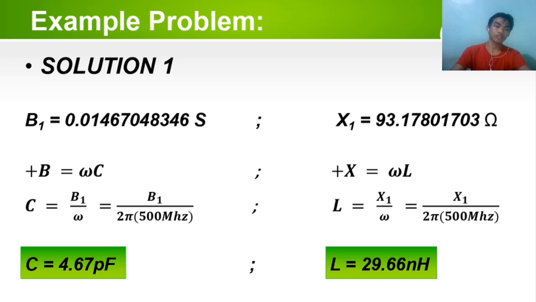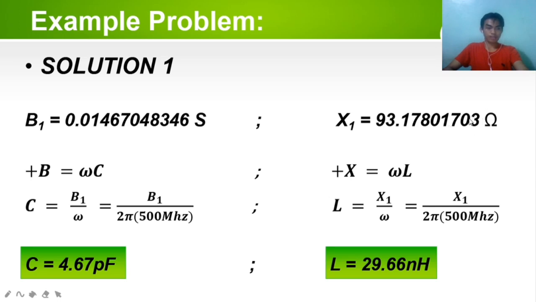So for solution 1, we are given susceptance 1, which is 0.0146748 Siemens, and reactance 1 equal to 93.1703 ohms.